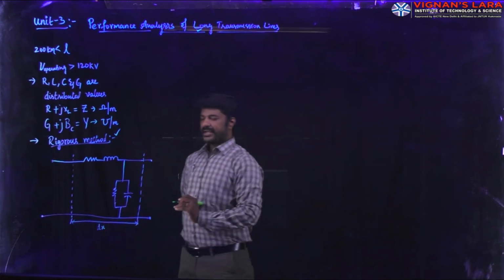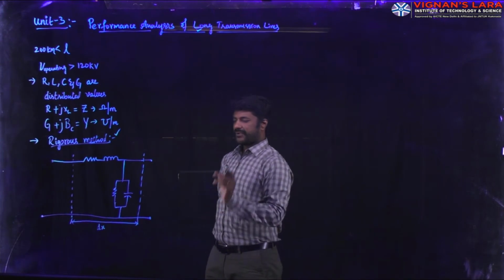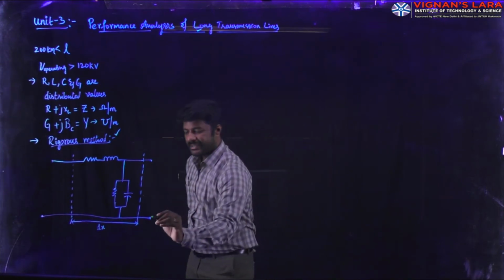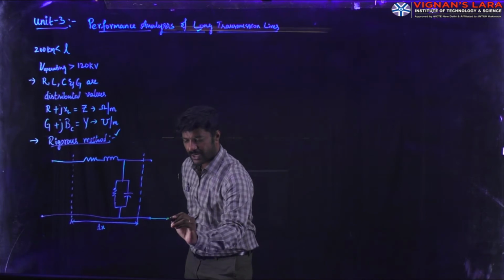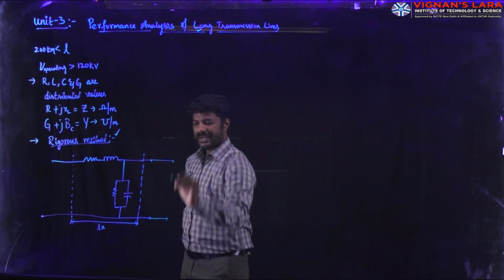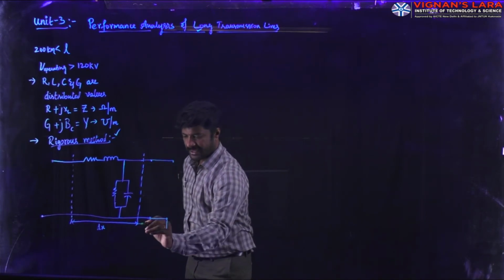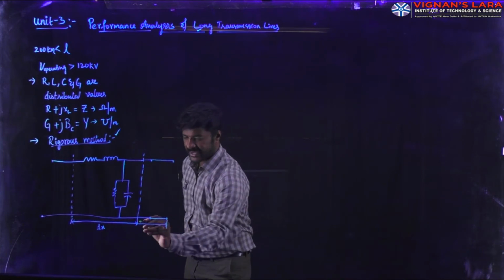Since the elements are distributed, I have to first identify a finite amount of length, and this finite length is located at a distance of x meters from the receiving end side.